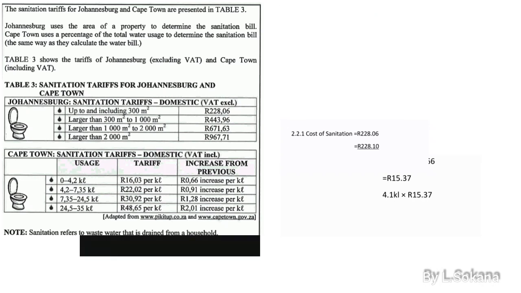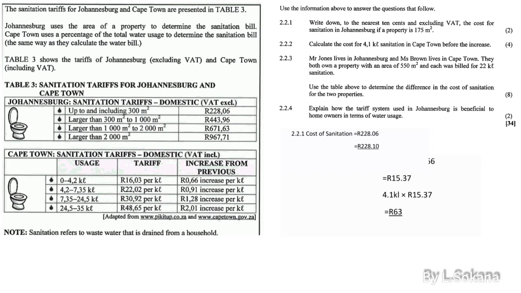So 4.1 kiloliters multiplied by 15 rand 37 cents. So if you'd like to have this question paper, the link is in the description. So 4.1 kiloliters multiplied by 15 rand 37 cents gives us 63 rand 2 cents. I hope you guys understood this. Moving to the next question.